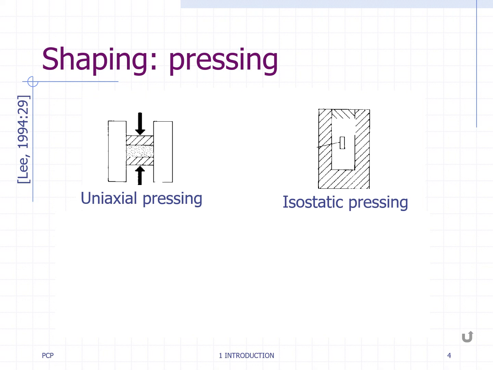When HIP is used, we have actually a kind of press inside a kiln operating at high temperatures. In this case, there is normally no mold, so that the piece to be submitted to HIP, or HIPed, must be preformed by another shaping method. Thus, HIP is actually a thermal treatment rather than a forming technique.